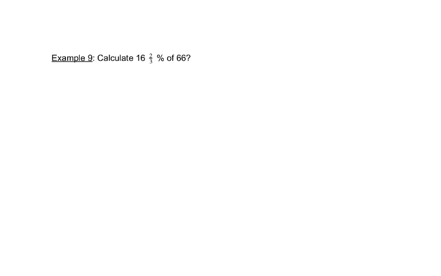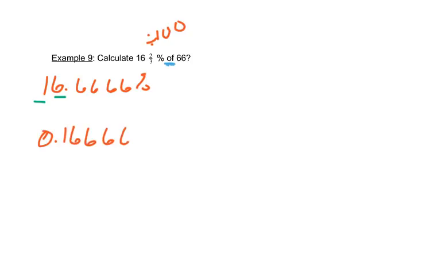Calculate 16 2/3% of 66. So here's our multiplication sign right here. We need to change 16 2/3 to a decimal. So we'll do 16 2/3 divided by 100. Dividing by 100 moves it 2 places this way. So we get 0.16666. And it does keep going forever, but if you use quite a few sixes, then you can get an accurate answer by just typing it in like that.